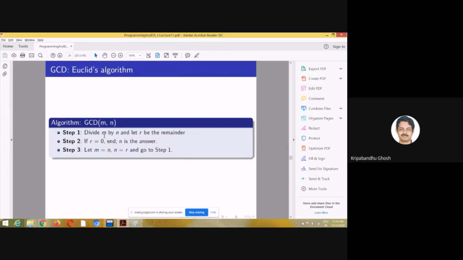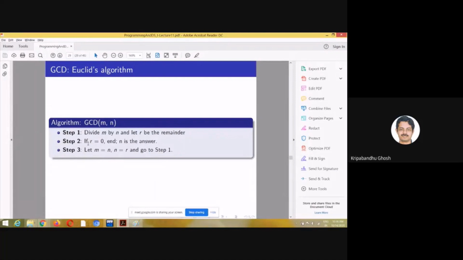The first step is, suppose we want to find the GCD of two positive integers m and n. The first step is we have to divide m by n and let r be the remainder.